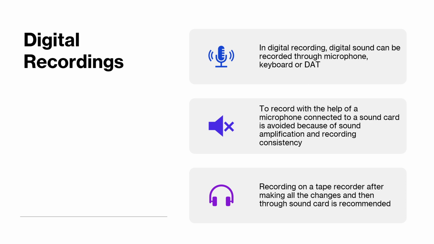There is also another reason why it is best to record onto a tape recorder, and this is mainly because it would help in the provision of a consistent and reliable recording level. A consistent and reliable recording level is very difficult to achieve when recording directly onto a sound card.